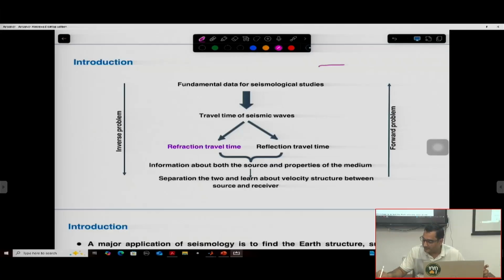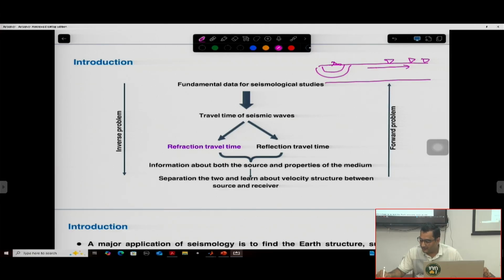So for example, let's suppose there is this surface here, and on the surface you have a source and you have receivers. Okay, let's suppose some receivers are there, and from the source you are exciting some energy like this, and this energy will reach these receivers. Okay, there is some interface underneath.